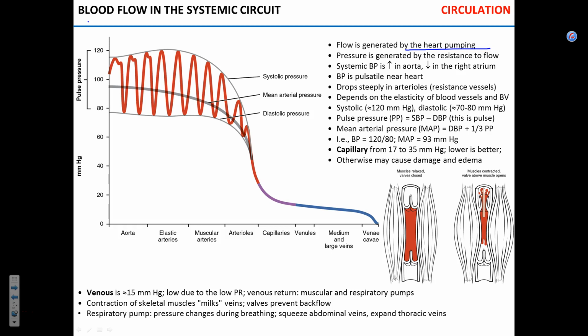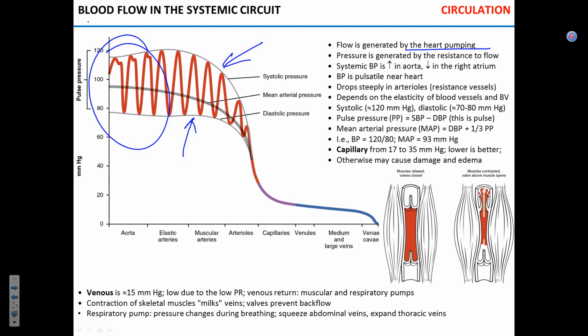When blood is released from the heart into the aorta, and we're talking systemic circuit, the blood pressure is actually highest. You see systolic pressure, diastolic pressure. In the blood vessels close to the heart, the blood pressure is pulsatile. That's your word, pulse. Okay?